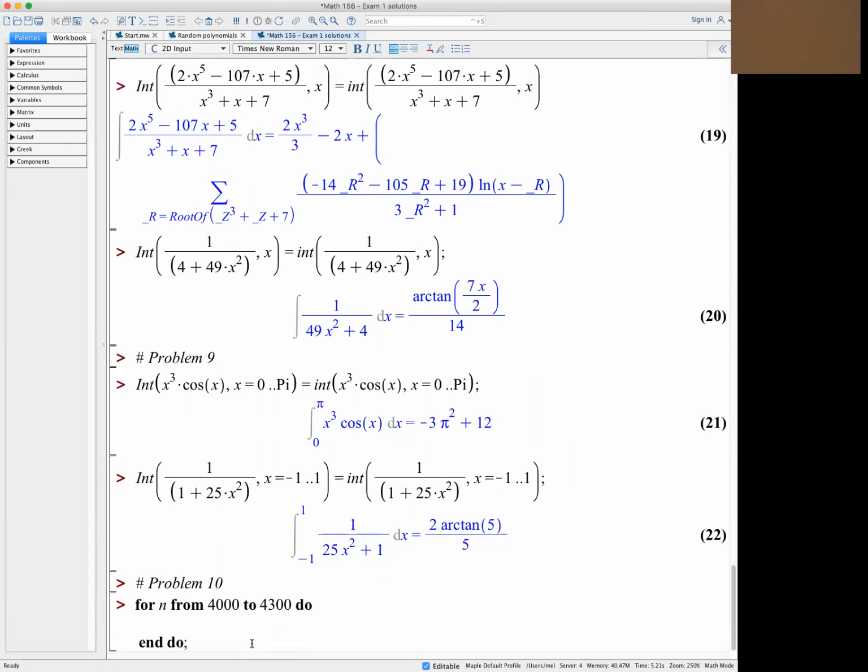And what is it we have to do? If n is prime, if isprime n, if that's a true statement, then print n. And then just as with do, I have to have an end do. With if, I have to have an end if.